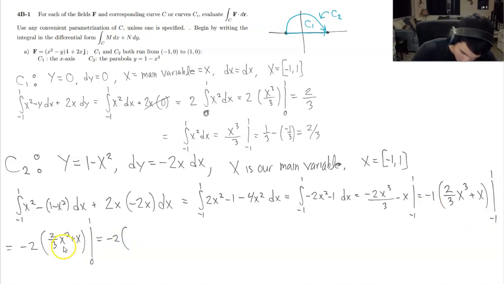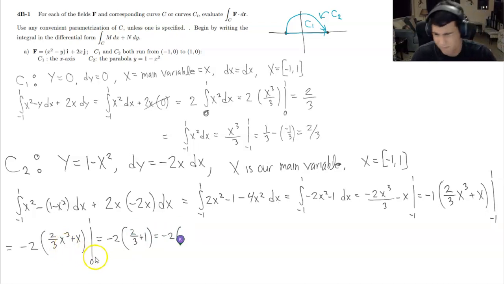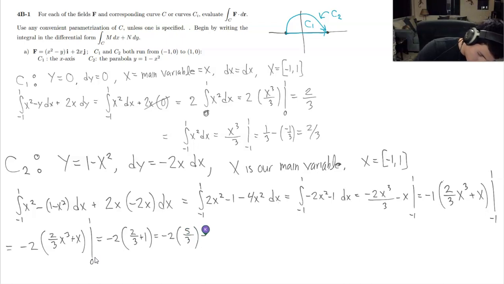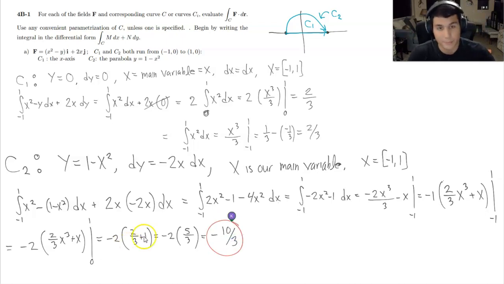I'm just going to put 1 in, which is 2/3 plus 1, which is equal to -2. Okay, 2/3 plus 1. That's 2/3 plus 3/3, which is 5/3, which is equal to -10/3.